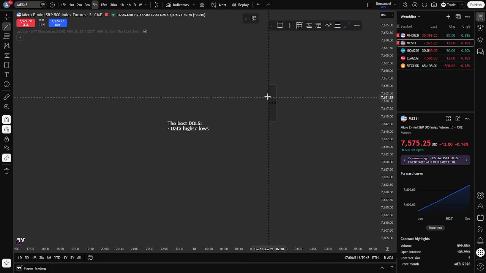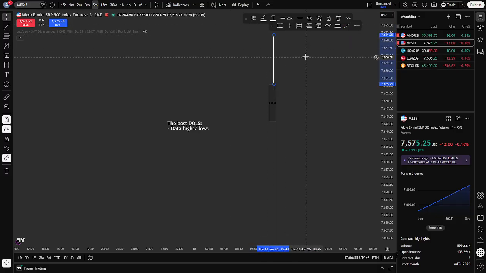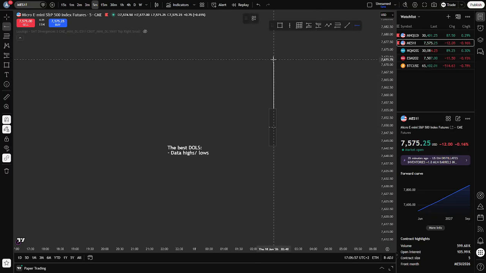We have this candle on the 1 minute, and it has this huge wick, abnormal wick into one side. So this is the best draw on liquidity in the market because a lot of orders are up here that need to get filled.